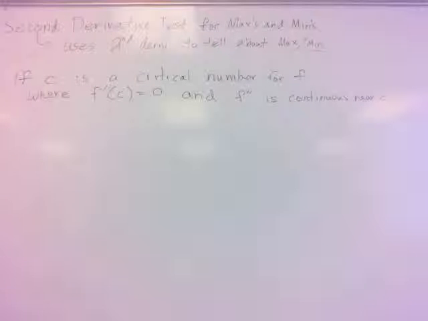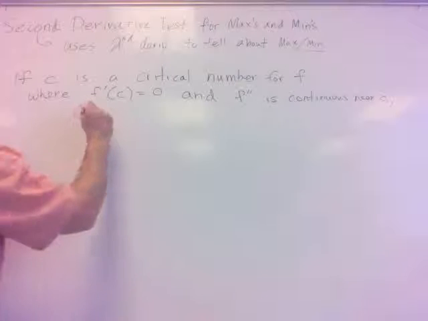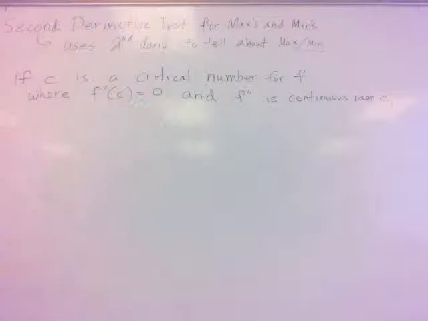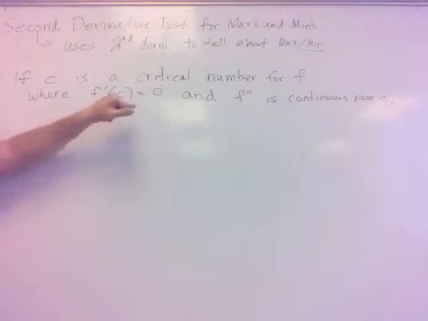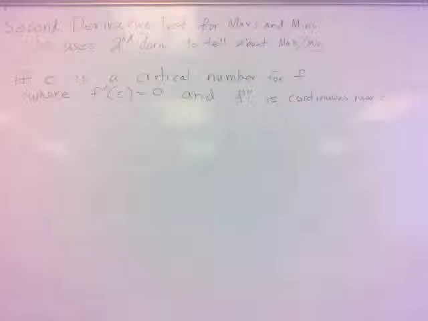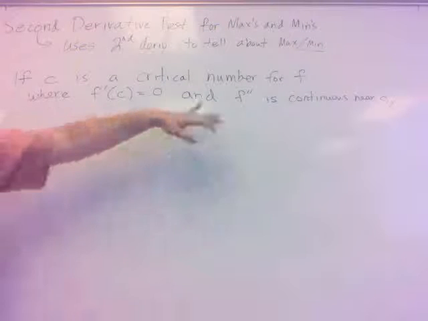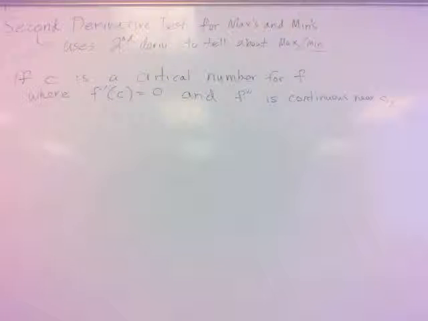It has to be the critical number where the derivative equals 0, not the critical number where the derivative does not exist. So that's special, and then you have to have the second derivative be continuous. You'll see why. But anyway, there are three parts to the second derivative test.